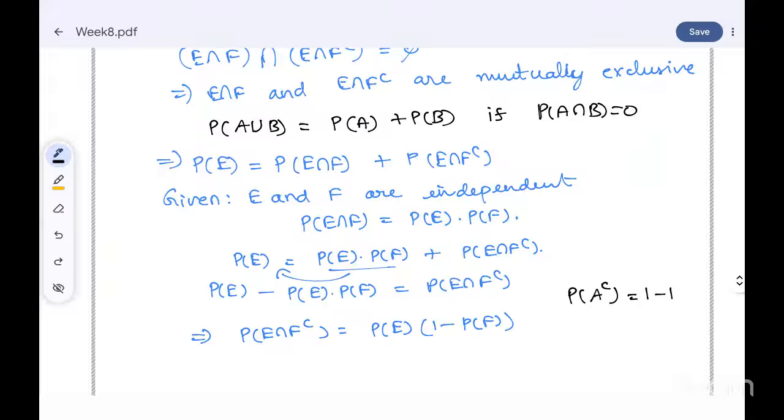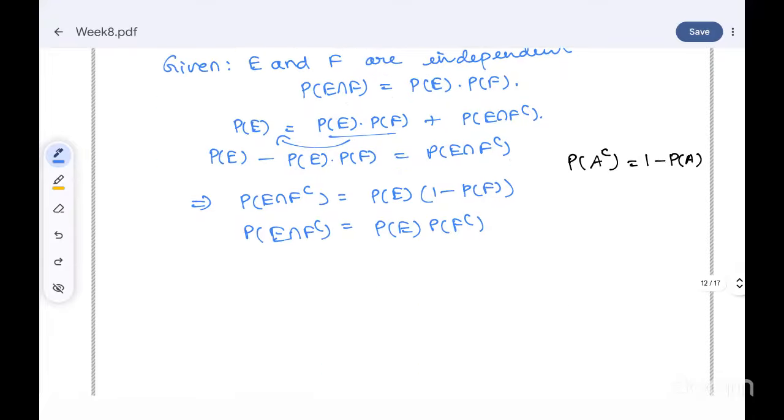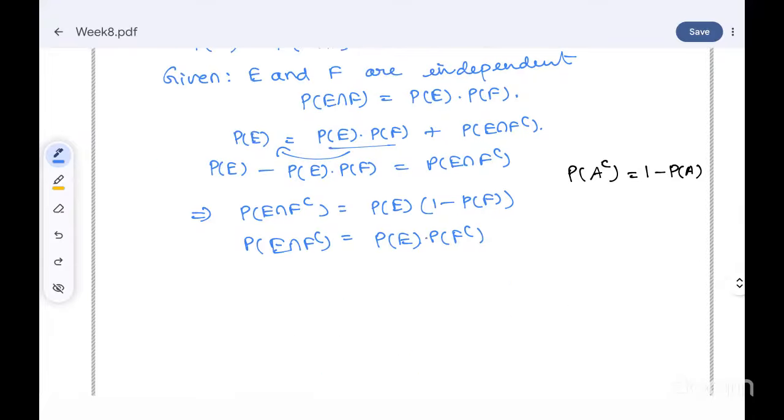It is 1 minus P of A, right? So 1 minus P of F is P of F complement. So you see that P of E intersection F complement is equal to P of E into P of F complement, which implies E and F complement are independent.